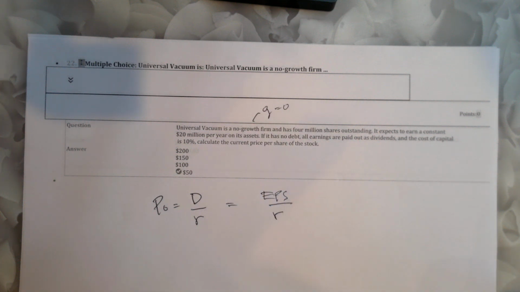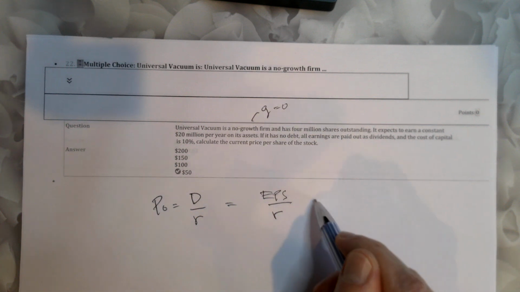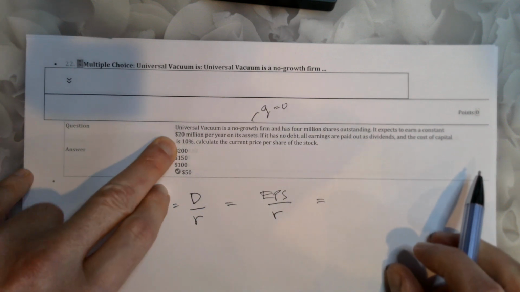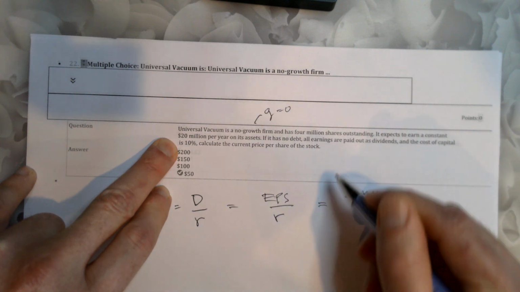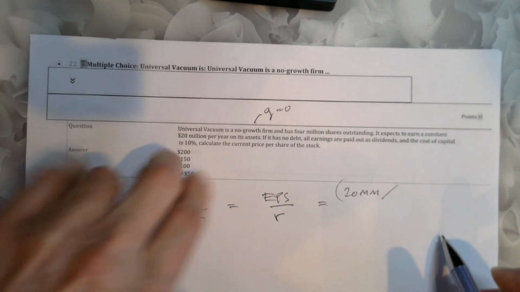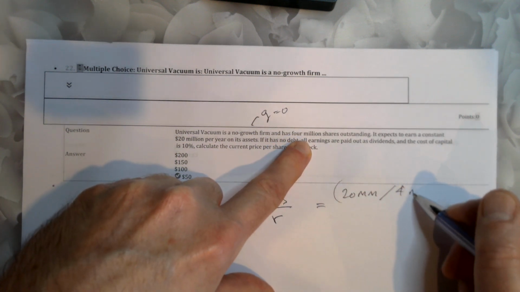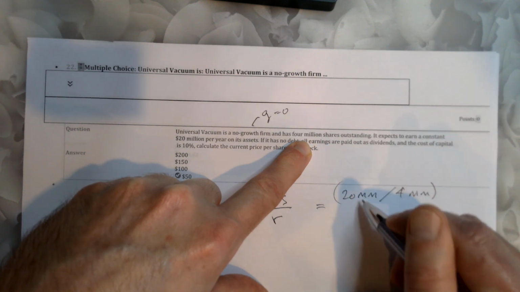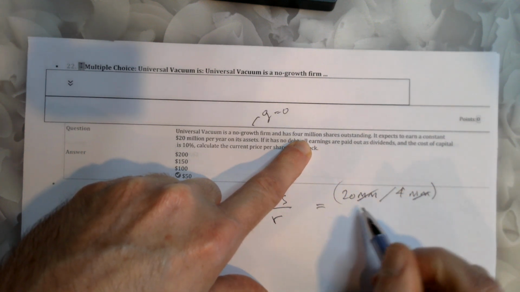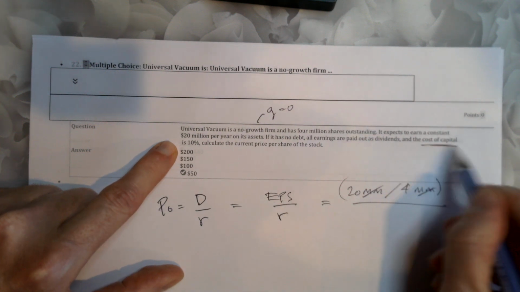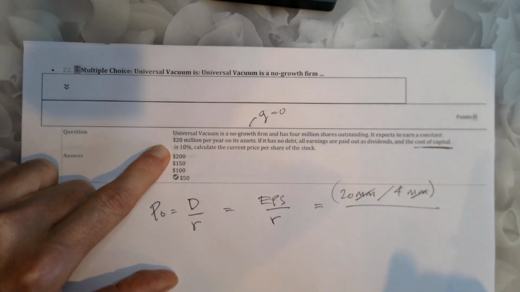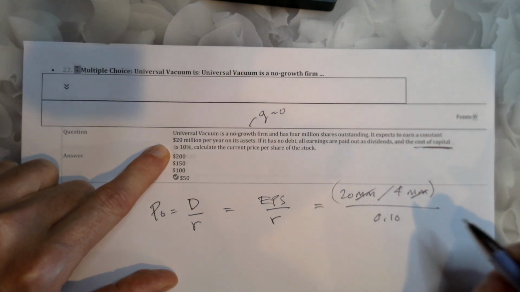Now, how do I get earnings per share here? Well, they tell us that the firm is earning $20 million per year, and they tell us that there are 4 million shares outstanding. Those millions cancel out, by the way. Divide by the required return, cost of capital, 10%, 0.10.